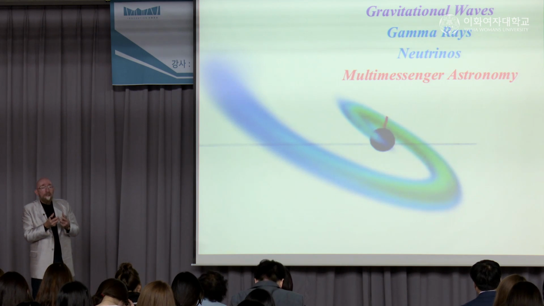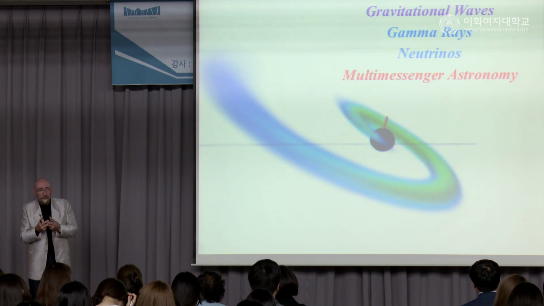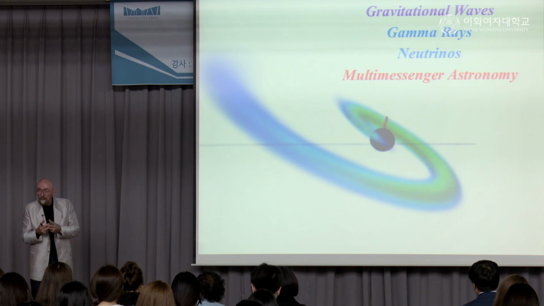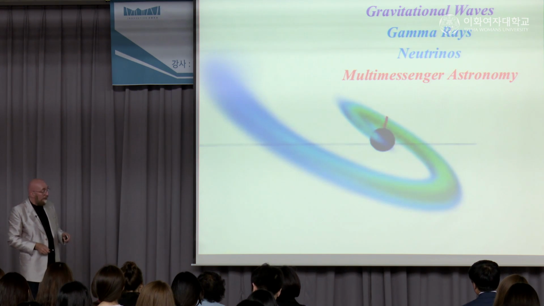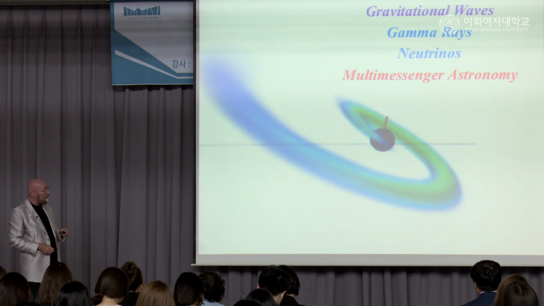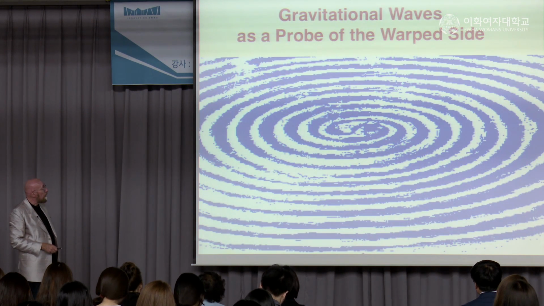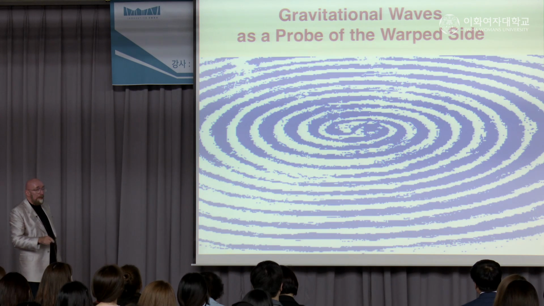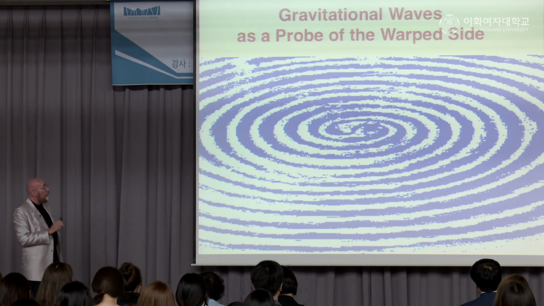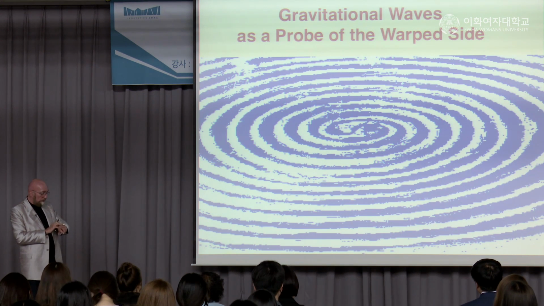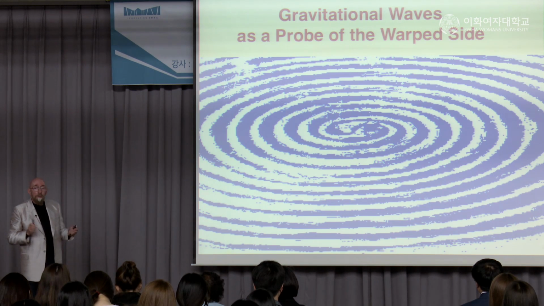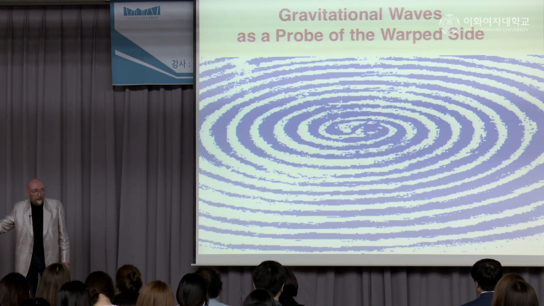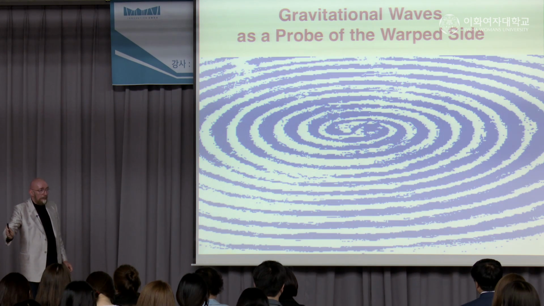And so we will do simultaneous observations to see all these forms of radiation and understand what happens when a black hole tears apart a neutron star. The gravitational waves, then, as I said before, are a way of probing the warped side of the universe. And this was my original motivation, except for John Wheeler telling me you should study geometrodynamics.